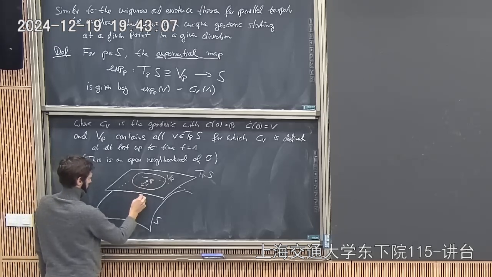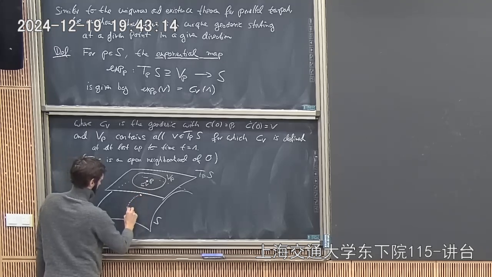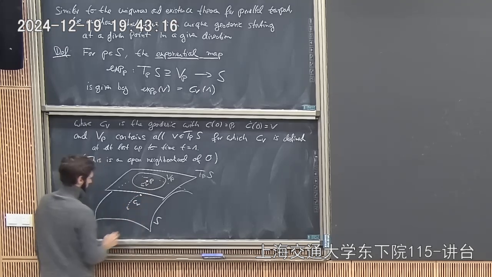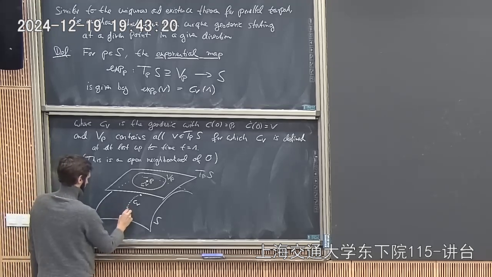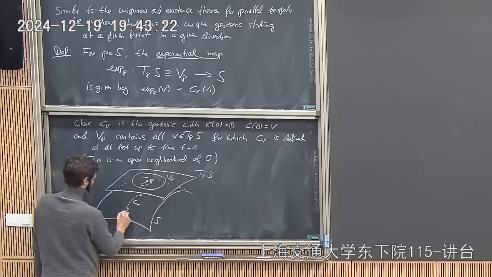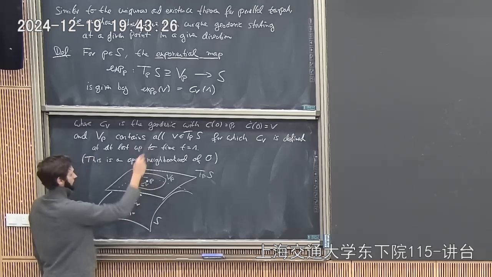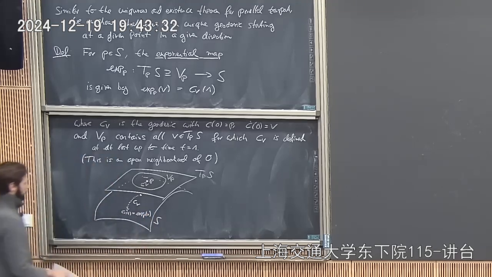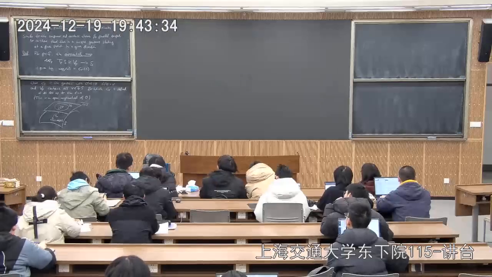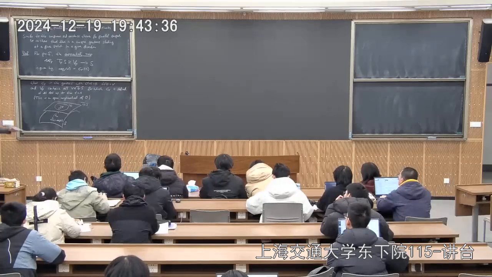So let's say that we identify this point with this point, and then at some point C of V at the endpoint at 1 is the exponential of P at V.